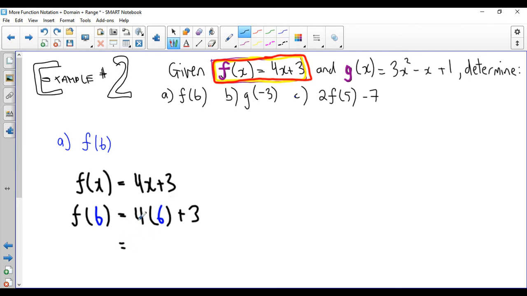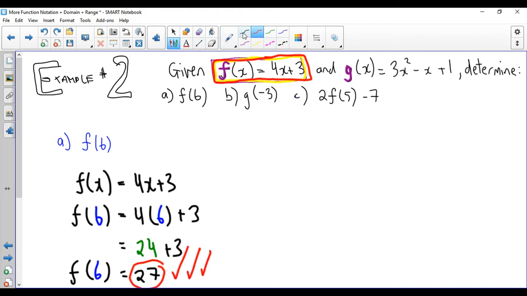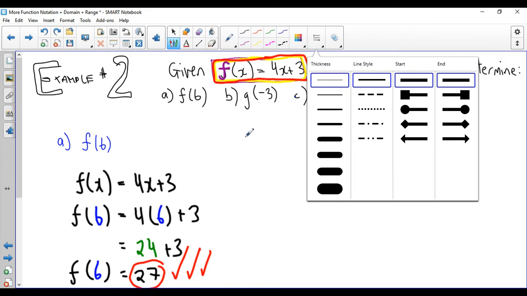And then now we just perform the operations. What's 4 times 6? Well, that is 24. And then add 3. My final answer, 24 plus 3 is 27. So f at 6 equals 27. And that seems pretty straightforward at this point, I think.